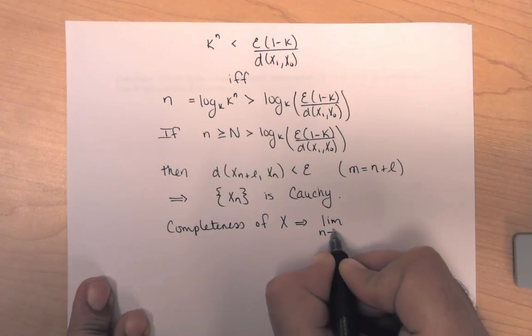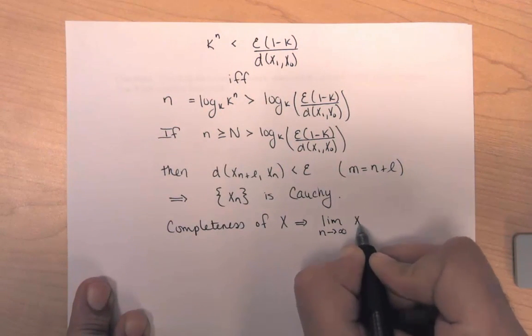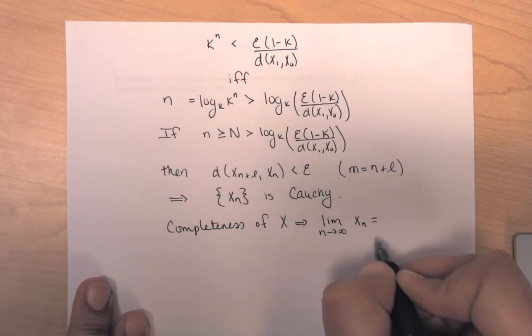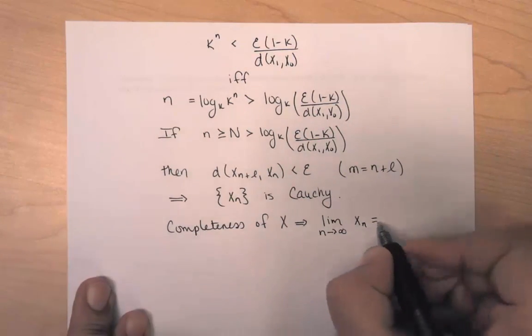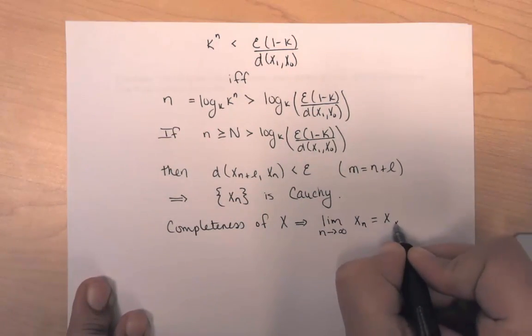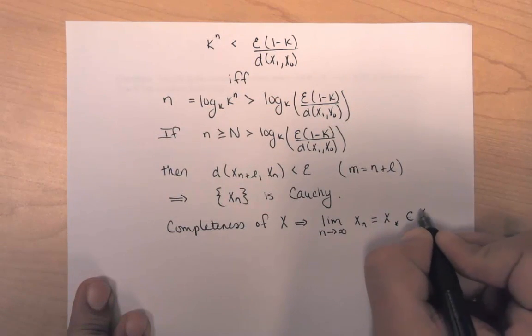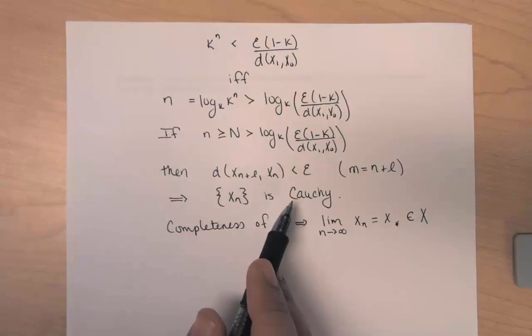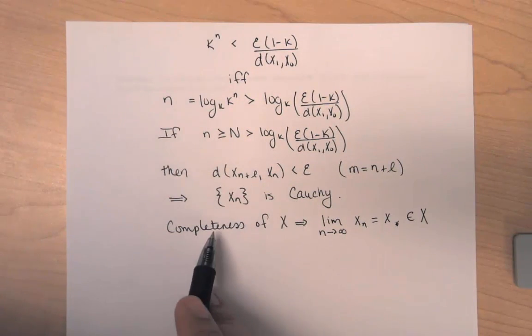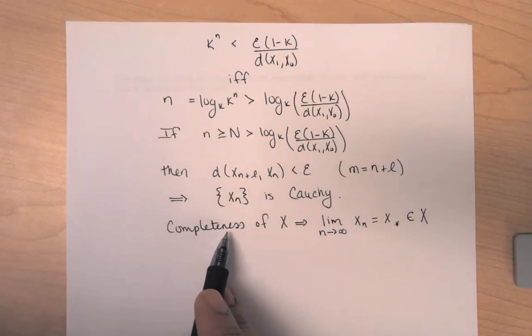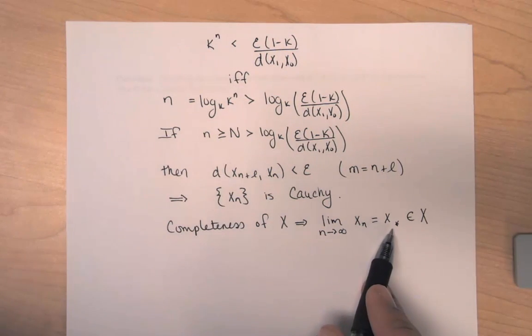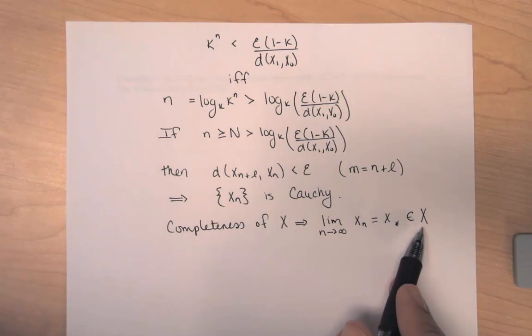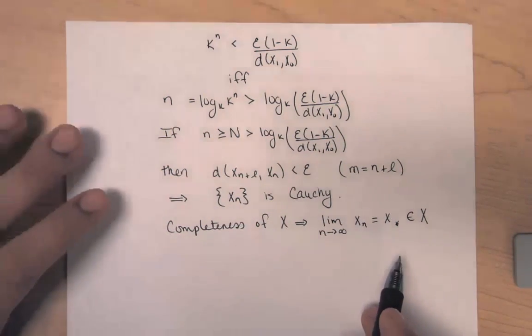The limit as n goes to infinity of x_n equals something, let's name it x star, which is an element of X. So I proved Cauchiness. Because my metric space is complete, my Cauchy sequence indeed is convergent to a point in X.